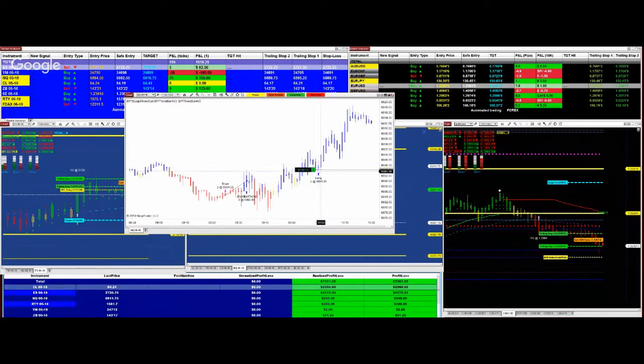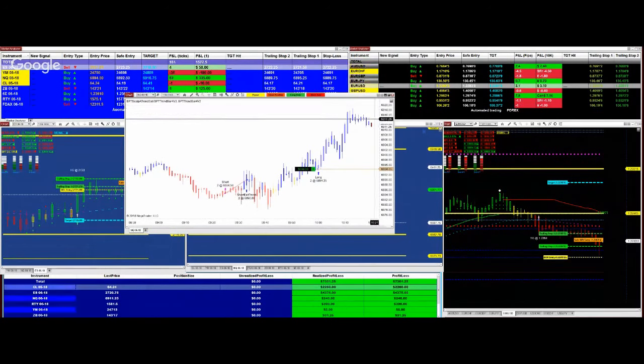We entered that market at 894.25, and it is about to close right now. And on that trade, based on two contracts, we have 680 bucks on this one here.